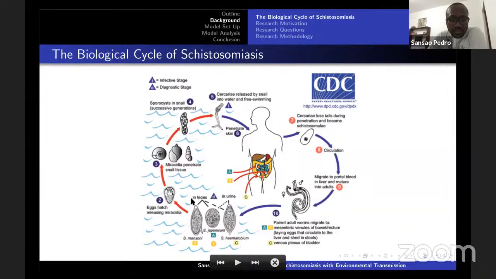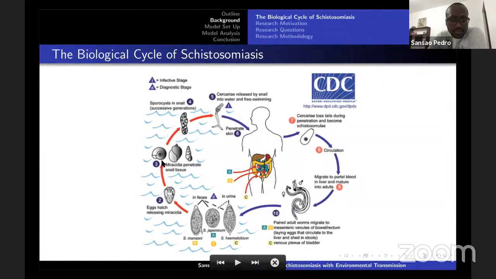They could be released through feces and urine for the type of schistosomiasis that at the adult stage goes to the intestinal vesicula, or through urine for the case of schistosomiasis haematobium, which goes to the bladder. So these eggs then will hatch and release miracidia.